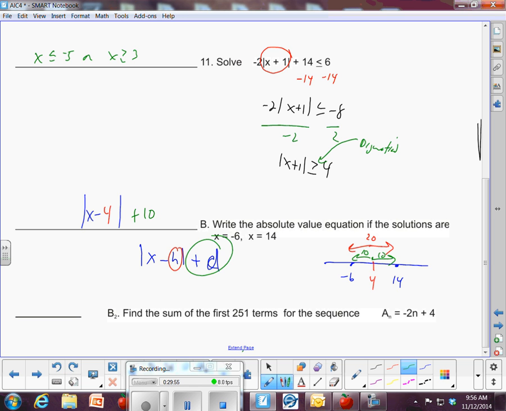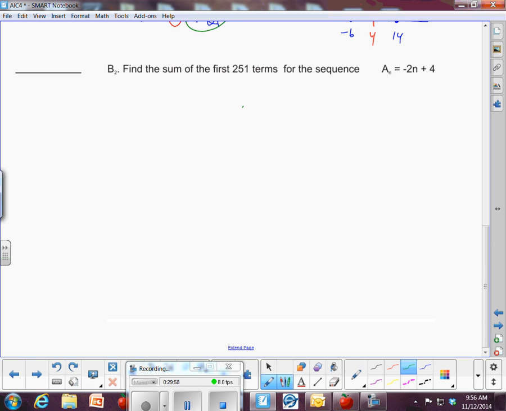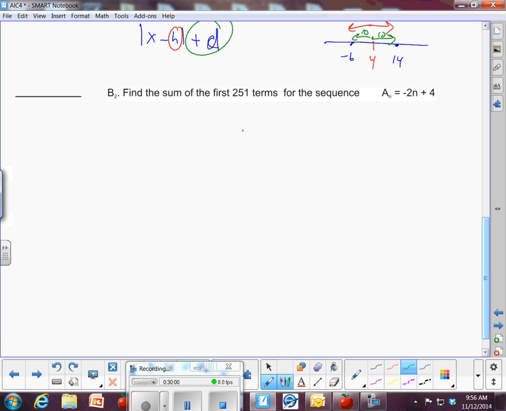A sequence, find the sum of the first 251 terms. Anybody know the formula? Anybody know what S of 251 equals? Anybody remember? Anybody? It was n times the quantity a sub 1 plus a sub 251, all divided by 2.